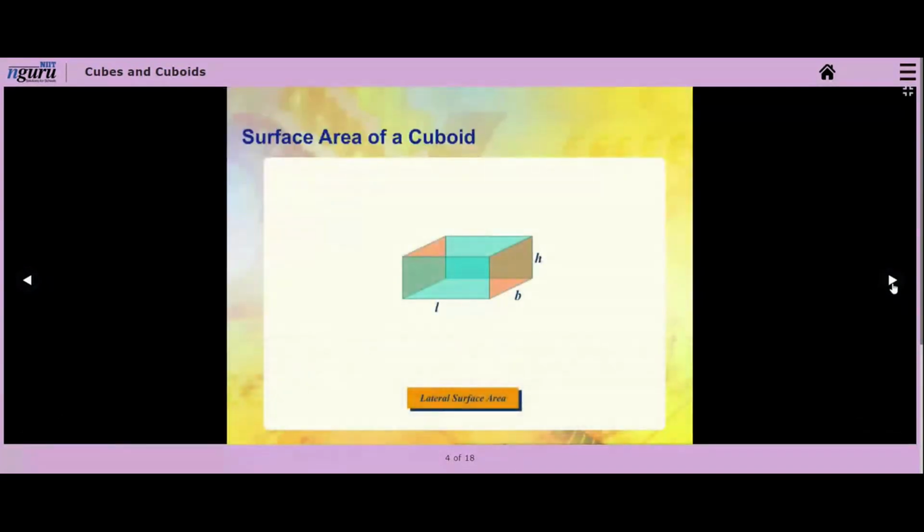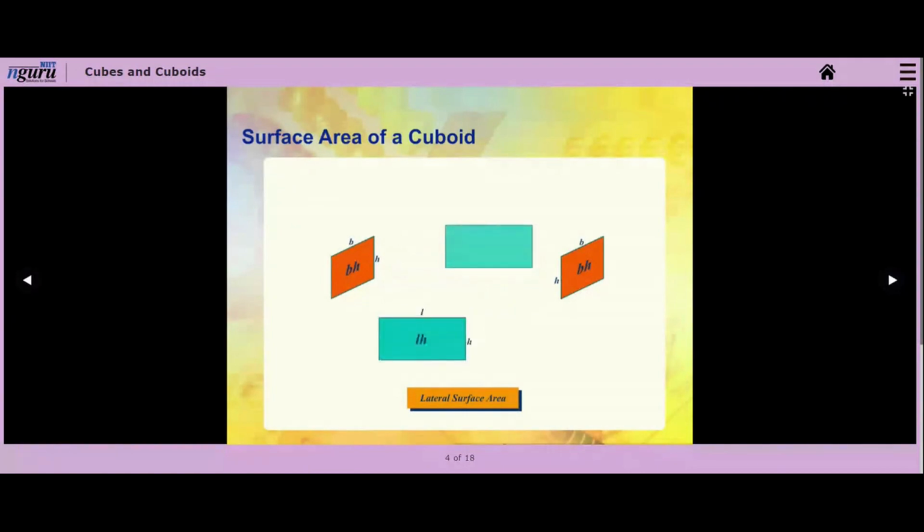Let's perform an activity to understand the concept of the lateral surface area and total surface area of a cuboid. Consider a cuboidal box with no top and no base. It is made up of four faces, which are plane rectangular regions.